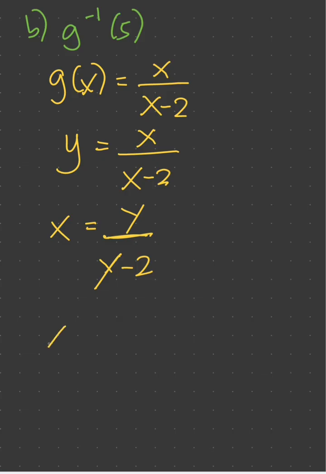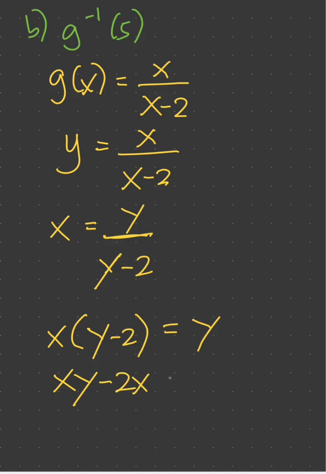So this would become x times y minus 2. We multiply both sides by y minus 2. So this is equal to y. So this is xy minus 2x equals y. Then, okay, we add 2x to both sides.